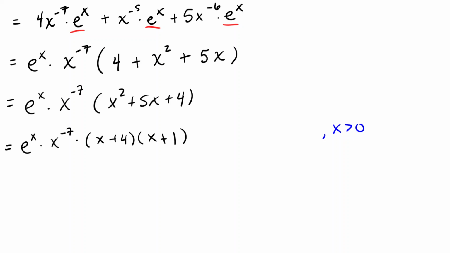Well, we know that e to the x is never 0. So it's not going to contribute to 0. Here, for x greater than 0, this is not equal to 0. And the only things that would make this equal to 0 is negative 4 here, negative 1 here. But so long as we're greater than 0, this doesn't equal 0 either.